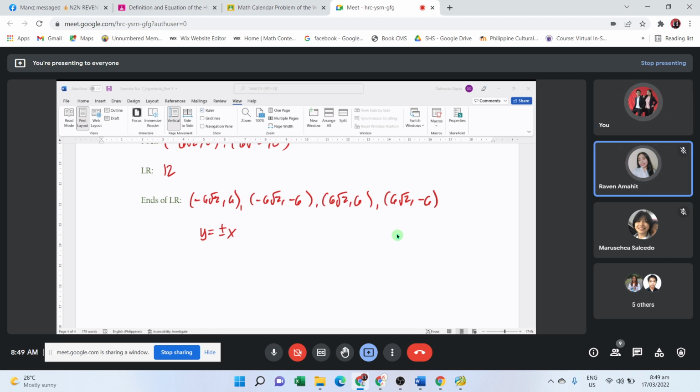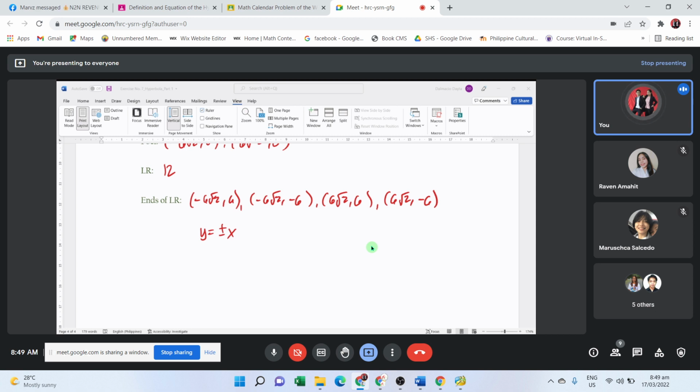If it's that difficult, then you can include questions in the math calendar. Kung mahihirap yung nasa math challenge problems, try to include questions in the math calendar for both 2021 and 2022.